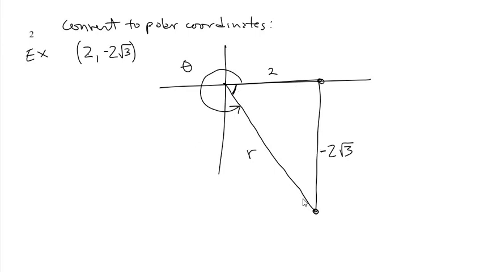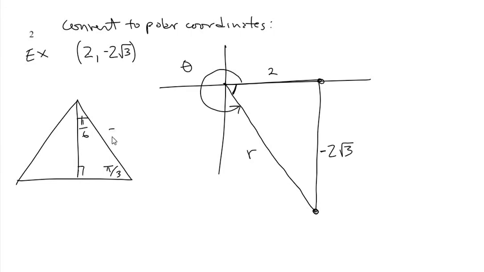Okay, so when I look at this triangle, I'm trying to think which special right triangle this might be. And I see the root 3 in there, so that immediately makes me think that I should probably be looking at a 30, 60, 90. So let's take a look at our standard 30, 60, 90, where the hypotenuse is 2.